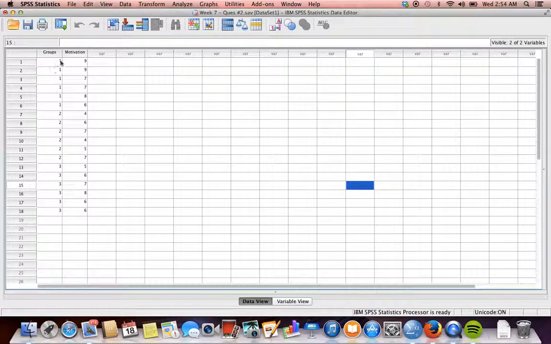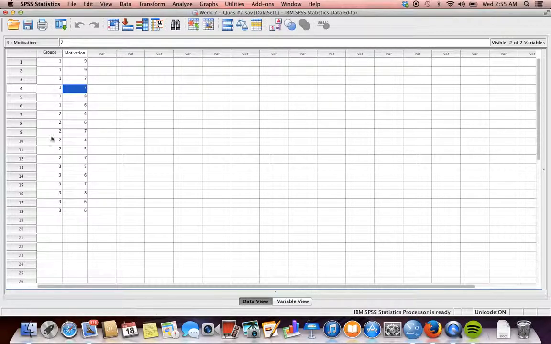For group 1, you have 6 people, and you'll put 9.0, 8.5, 6.5, and so on and so forth for group 1. You'll do the same thing for group 2 and then group 3.